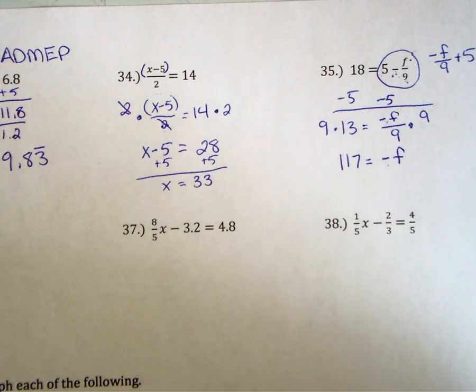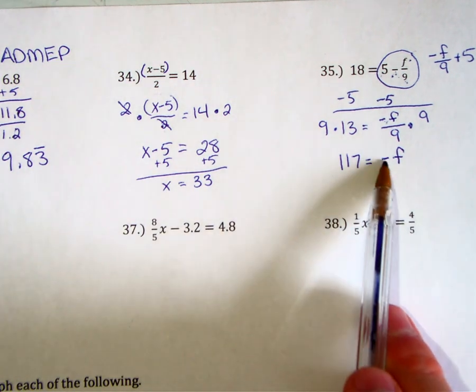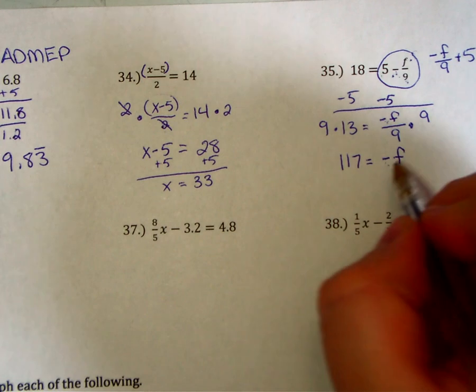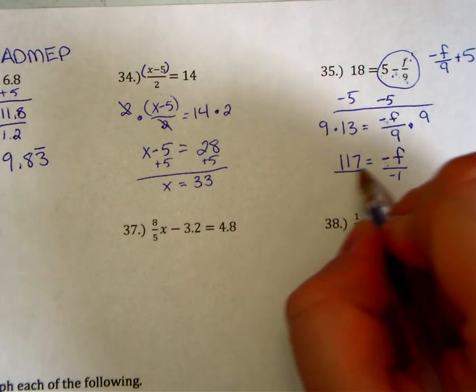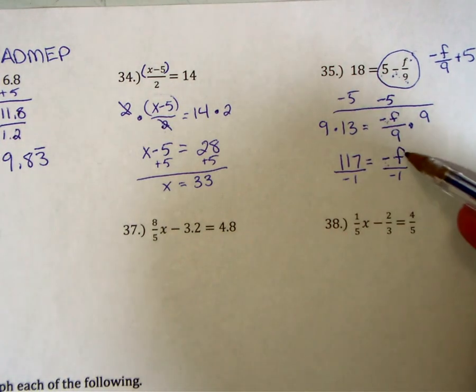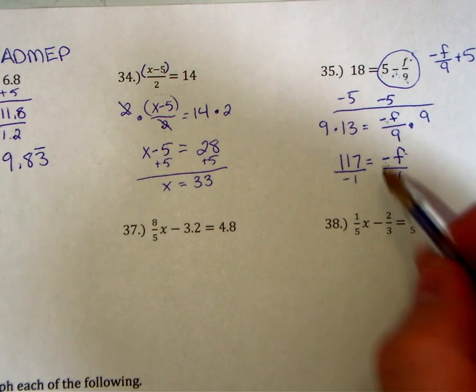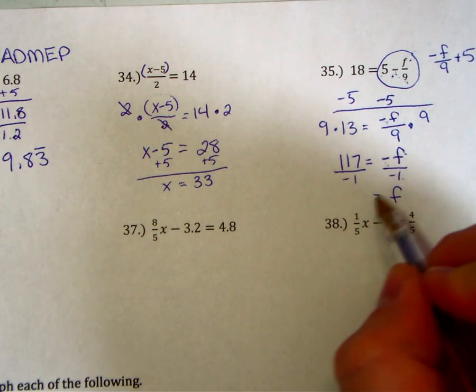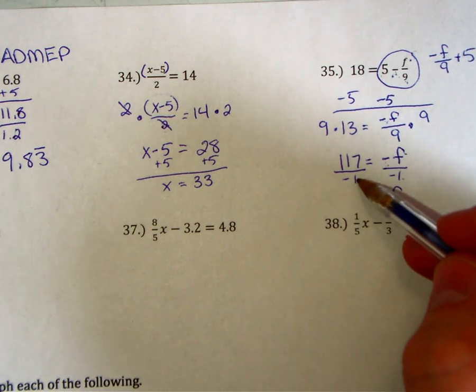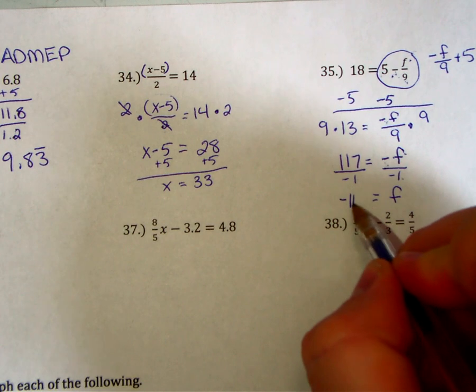So our operation taking place here, we have a negative number multiplied by f, so we're going to divide by negative 1, so that we now have a negative divided by a negative, which becomes positive, equaling a positive divided by a negative, which becomes negative.